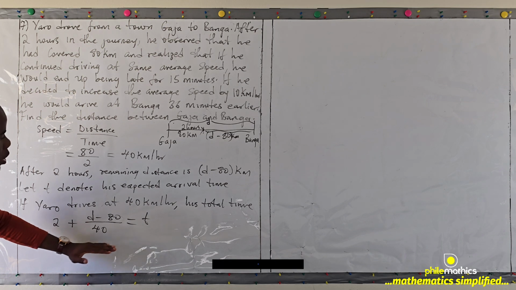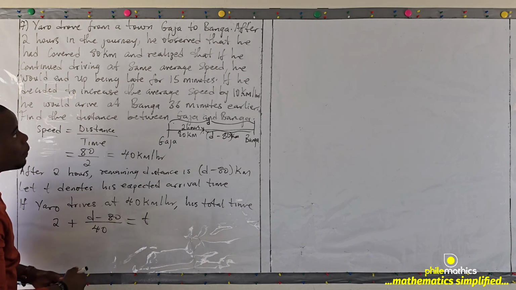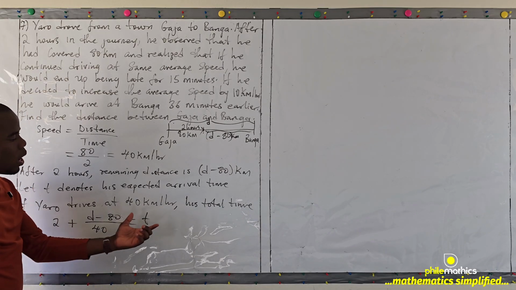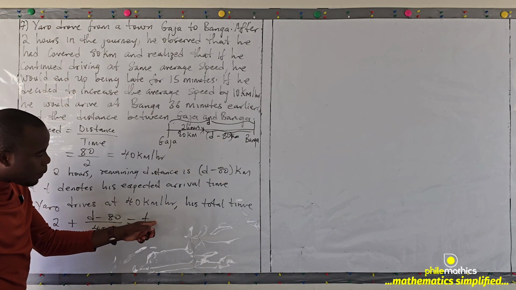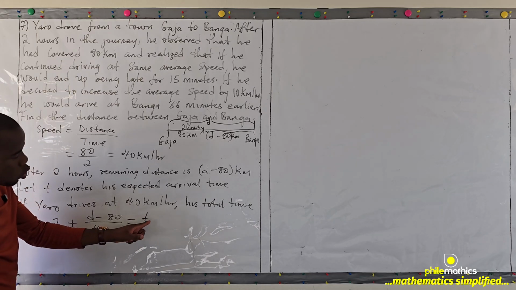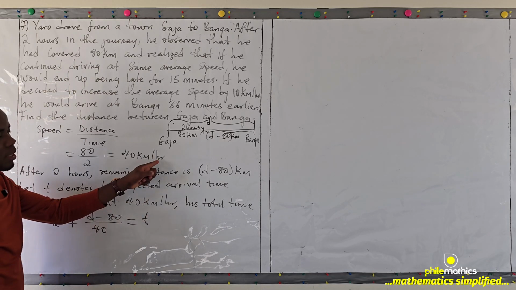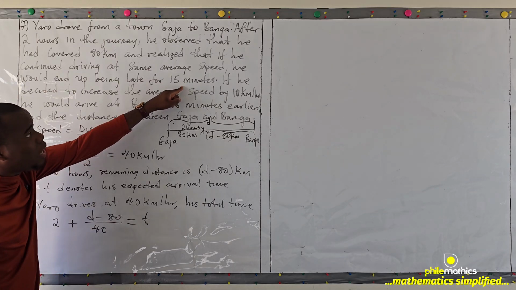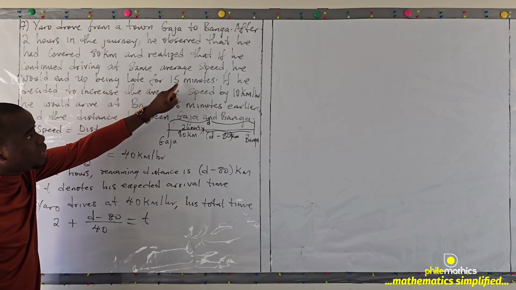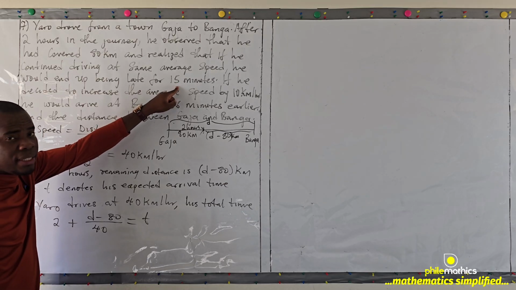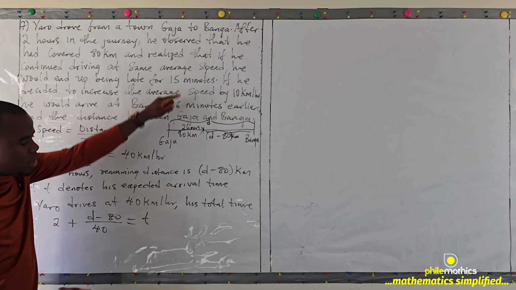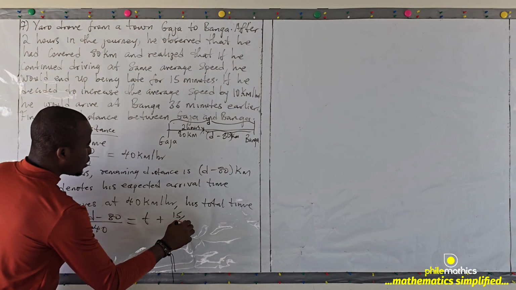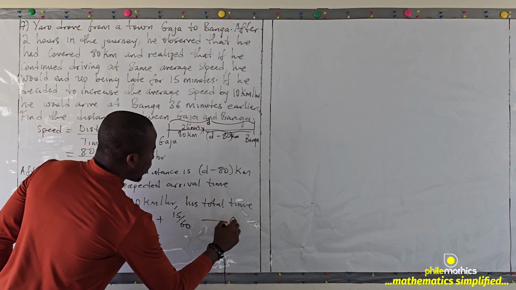So the total time will be the expected time plus 15 minutes. Time is usually measured in hours, but this is given in minutes, so we convert by dividing 15 by 60, since 60 minutes make an hour. So this is plus 15 over 60. Let's call this equation 1.